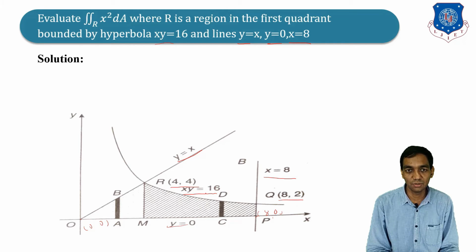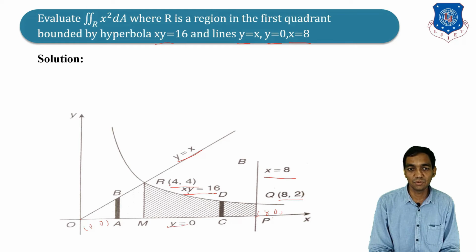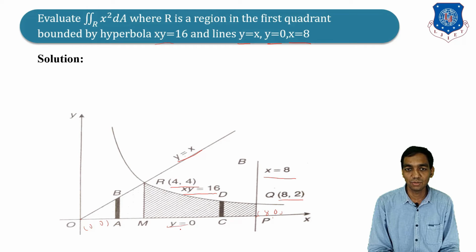So once you have all the values, then we are going to decide the region. Now see, the region bounded by these four, that means the hyperbola xy is equal to 16, then the line y is equal to x, then the line y is equal to 0, and the line x is equal to 8. Then you will have this region which we have given here.